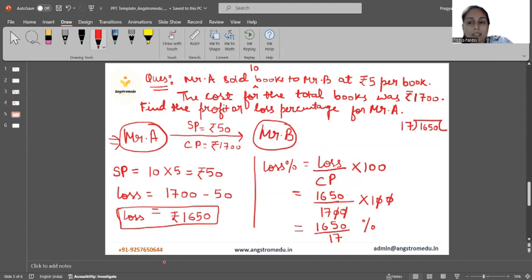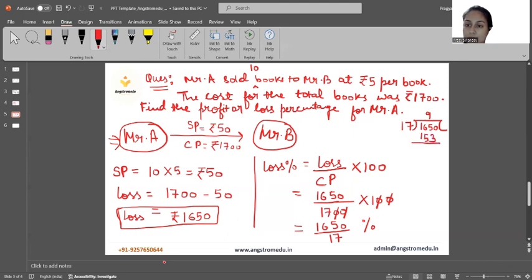So if I divide this by 17, how many times should I take? 17 tens is 170, which is greater than 165, so we will take 17 nines. That will be 153.